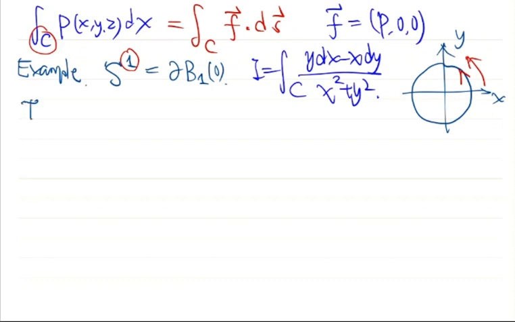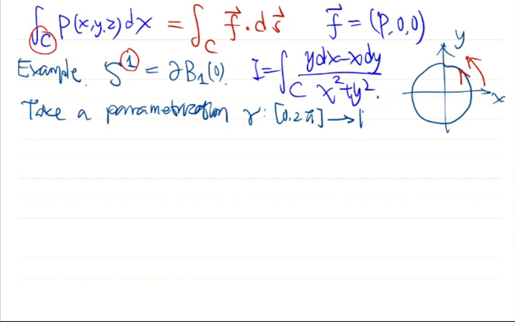So we take a parametrization gamma from 0 to 2 pi to R2, that is our famous (cosine t, sine t). This is the parametrization of the circle. Now the derivative of this parametrization is the tangent vector.